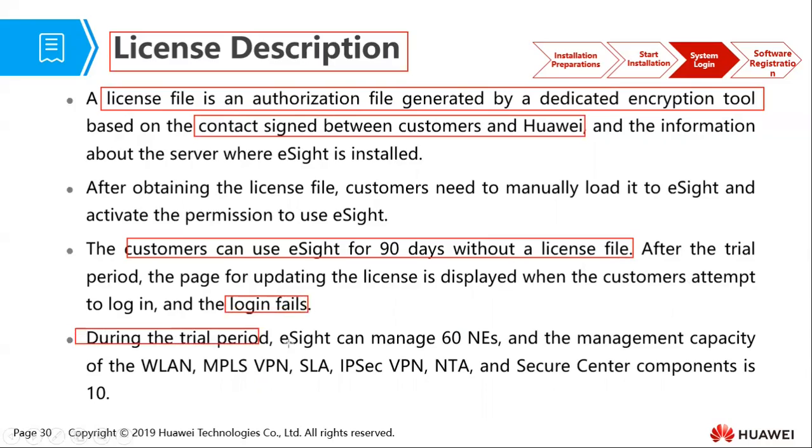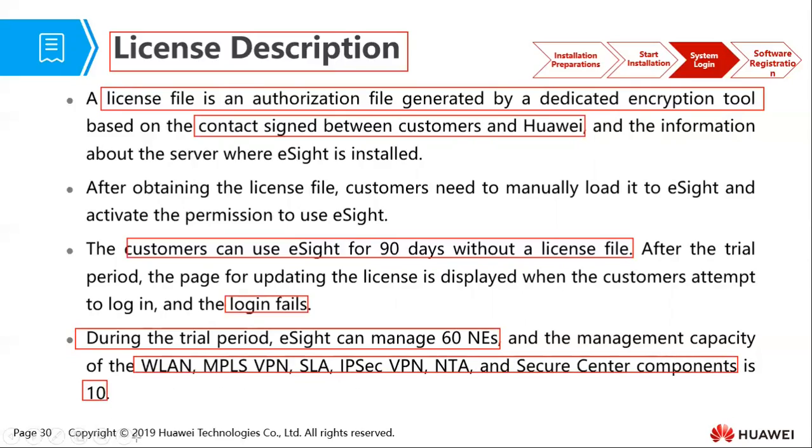Again, during the trial period, eSight can only manage a maximum of 60 network equipment. And also a fewer number of some of the advanced features: like MPLS VPN, you can only monitor a maximum of 10. IPsec VPN, maximum of 10.